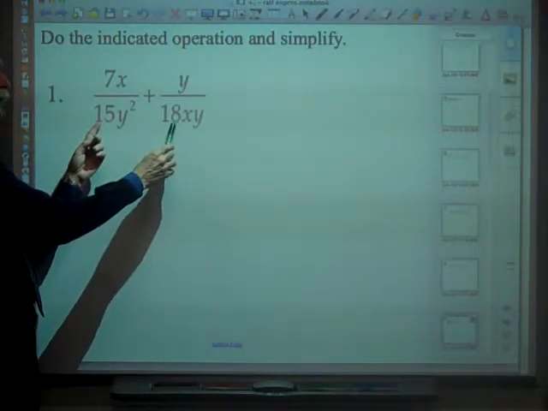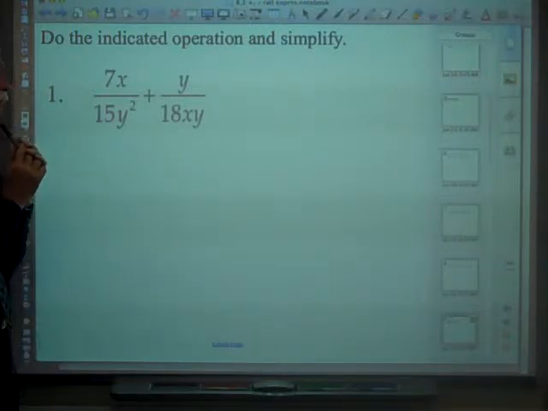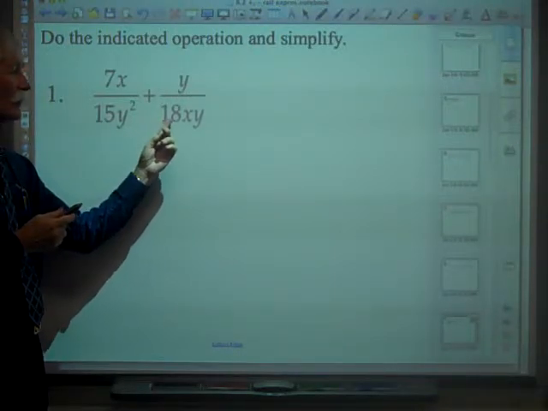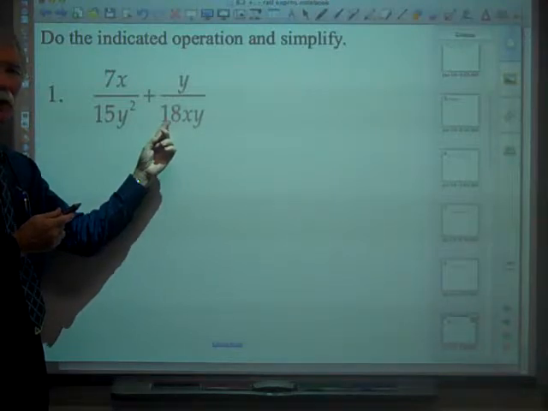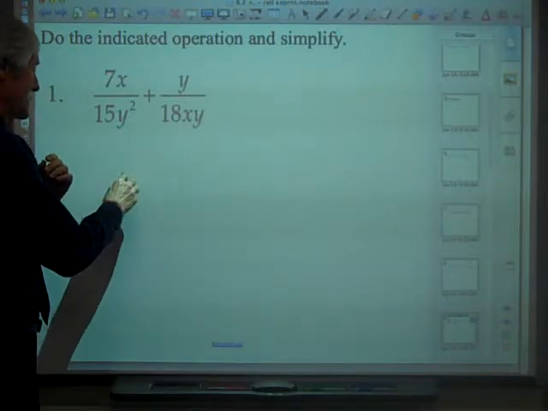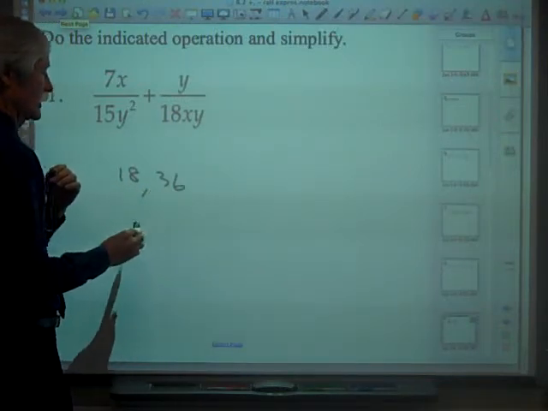What's a common denominator for just these two, 18 and 15? One plan is to find the multiples of 18 and stop when you get one that can be divided by 15. So take the big one. What's the next multiple of 18? 36.